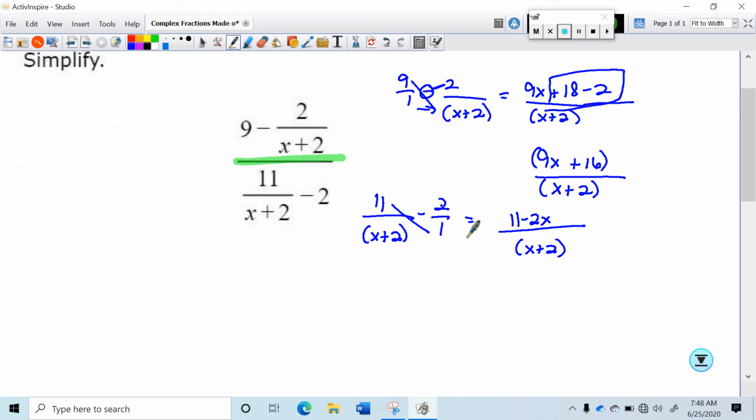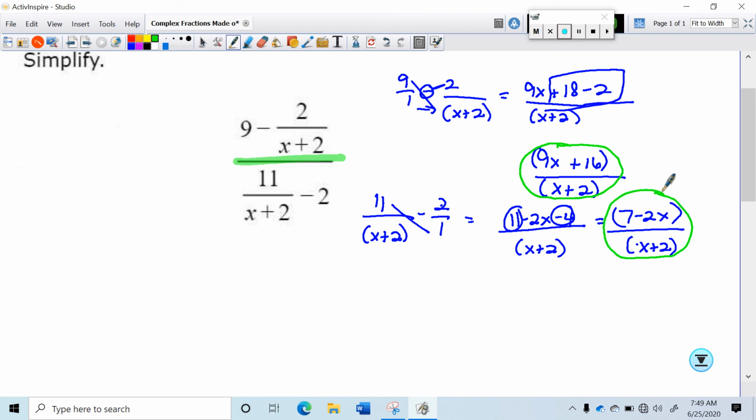Negative 2 times 2 is negative 4. So 11 take away 4 is 7 minus 2x over x plus 2. So this is the numerator, and this is the denominator.